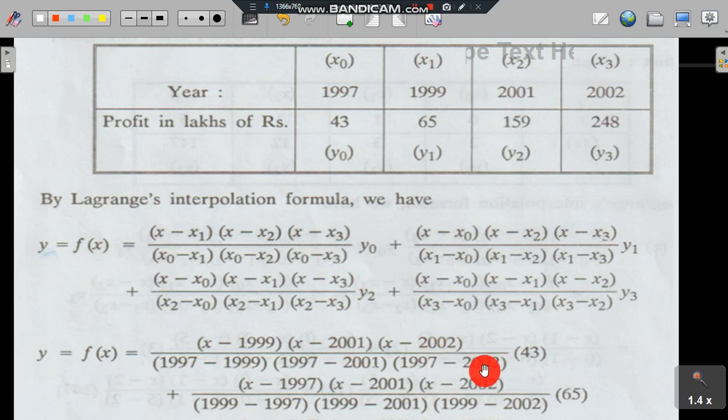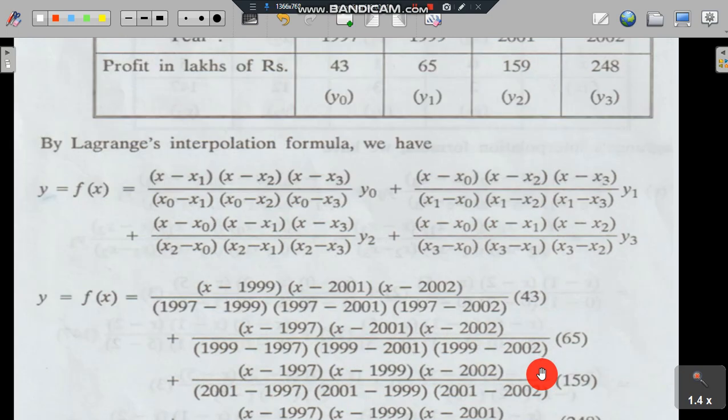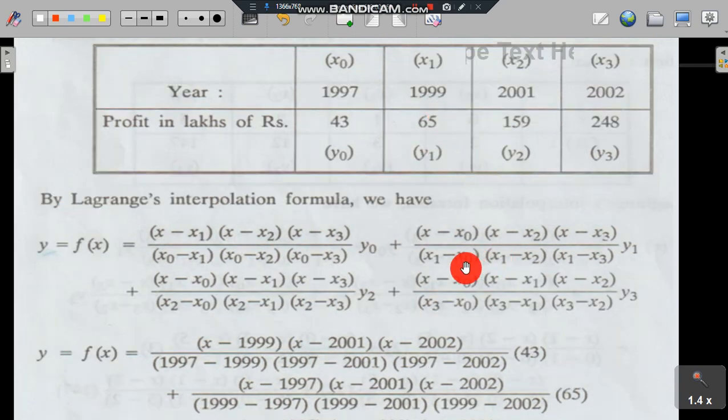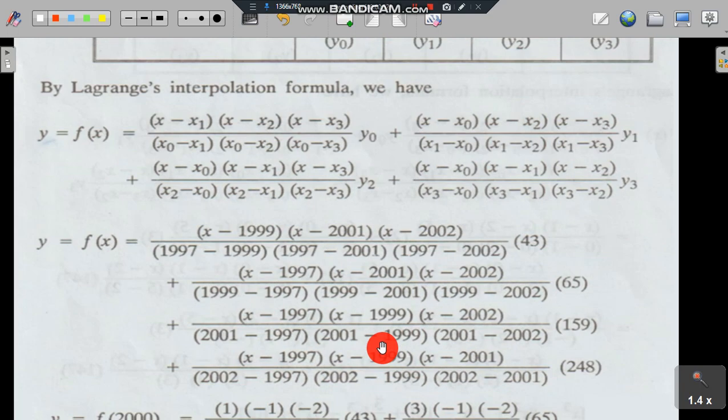That is what is given here into y0, and y0 value is 43. Similarly, for the second term we substitute from here to here. Second term: x minus x0, where x0 is 1997, x minus 2001, that is x minus x2, and x minus x3, x minus 2002. Divided by, similarly, we substitute these values and get the second term, the third term also.